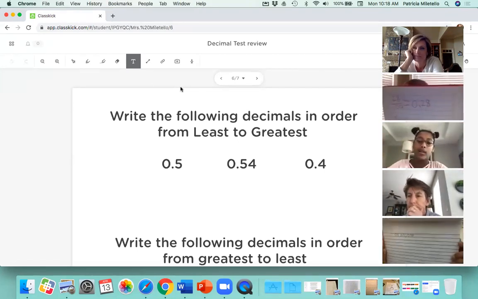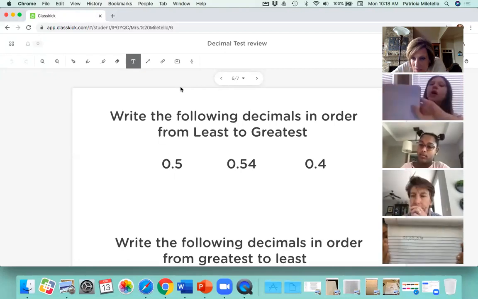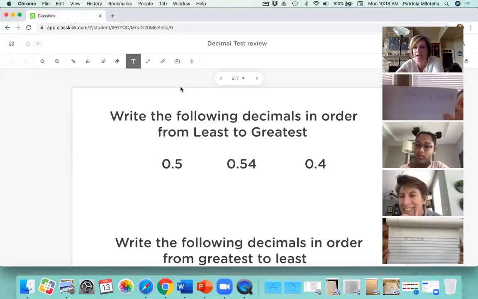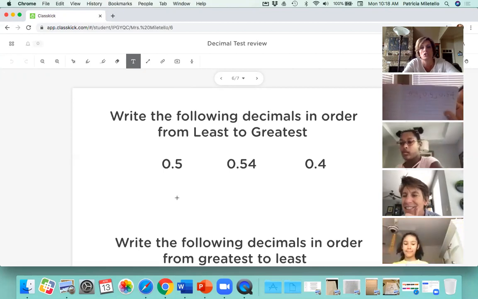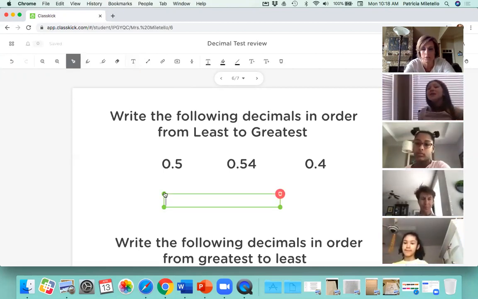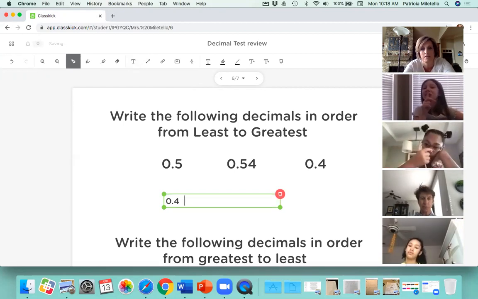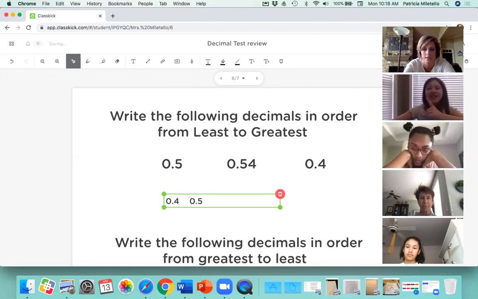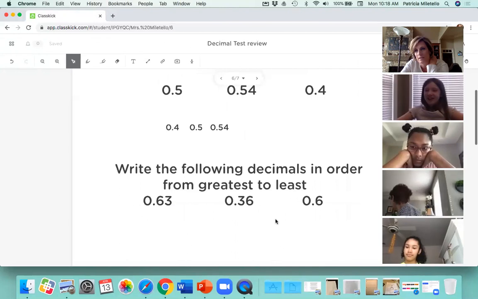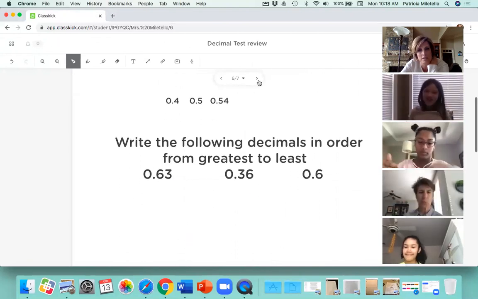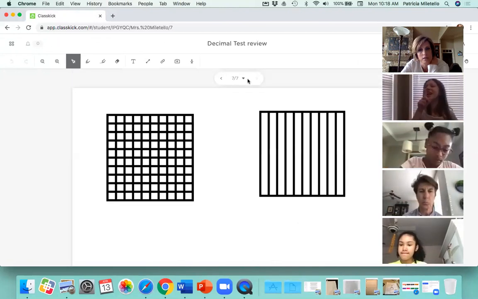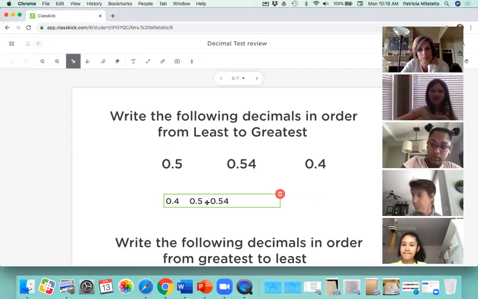Yep, that's it, Gabby. It should be exactly what you guys had, 0.4 or 4/10. Then came 0.5 or 5/10, and then came 0.54. Excellent. Okay, one more. I think this is our last problem. Yes, this is our last problem.